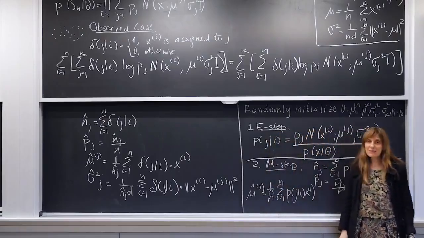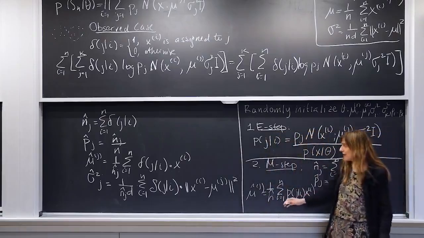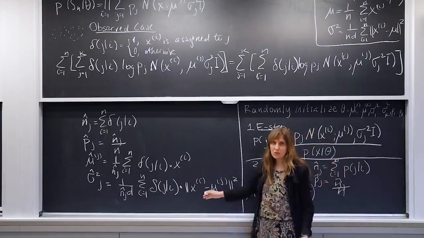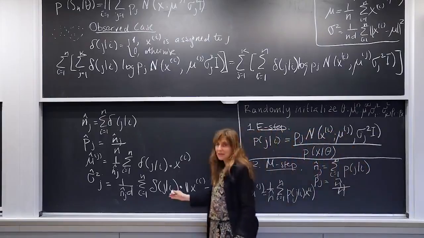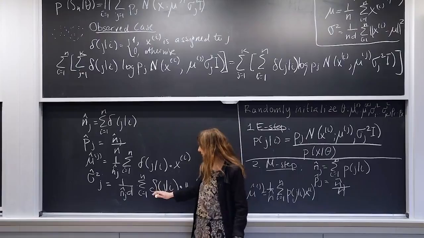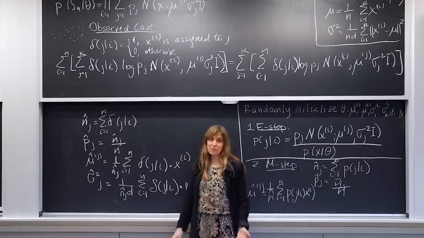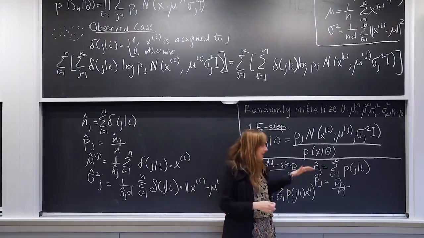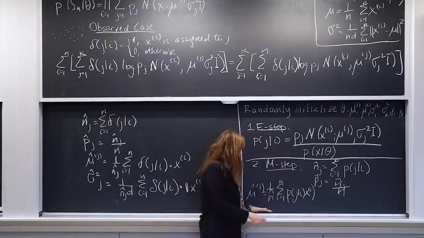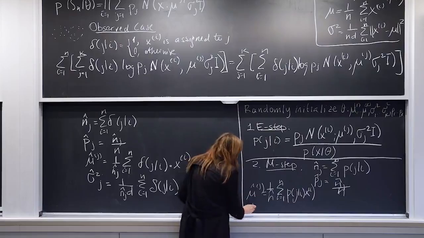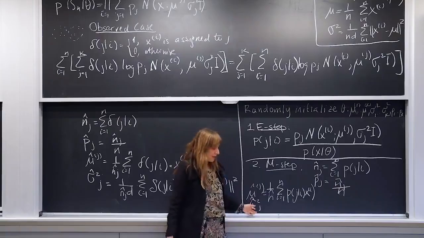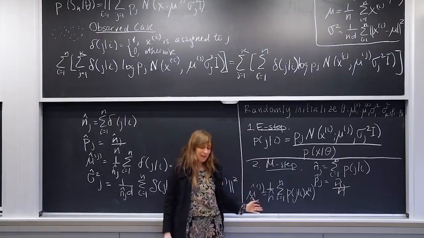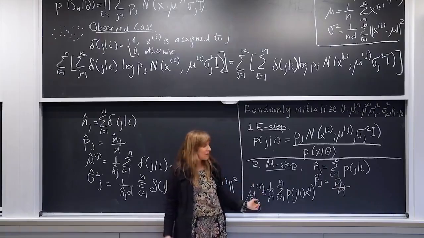And in a very similar fashion, you can do the same computation when we are computing the variance. Again, we're going to substitute the delta with a probability. And once we completed the M step, I would not write you the estimated variance, but you can quite imagine how it looks.